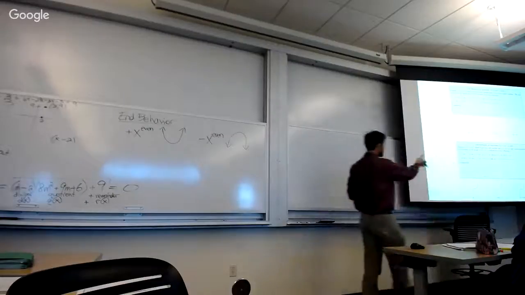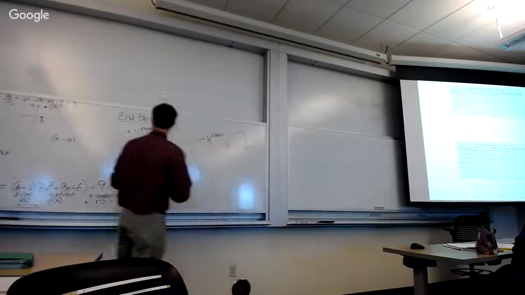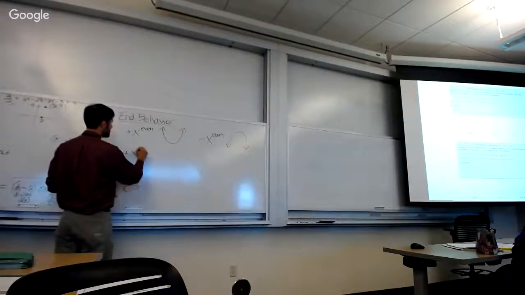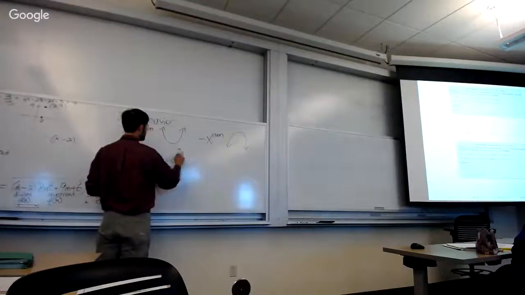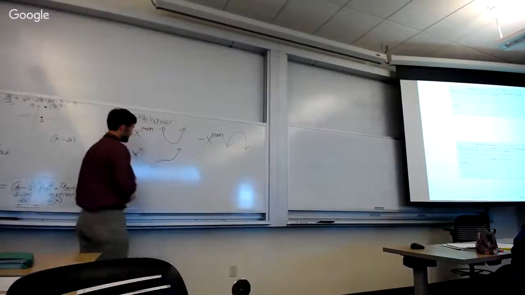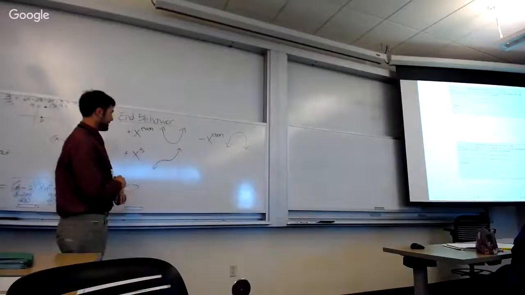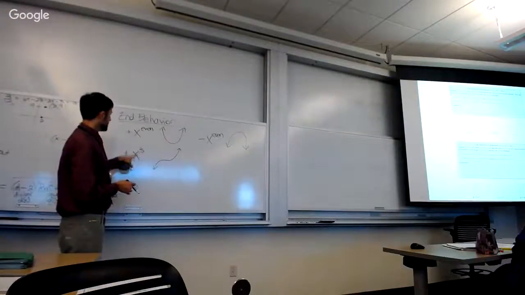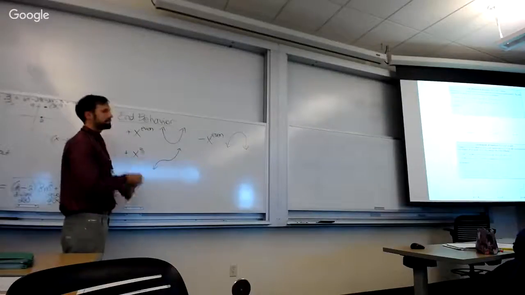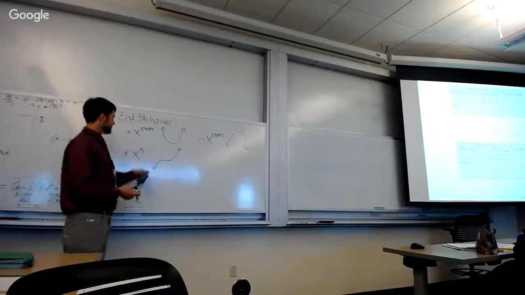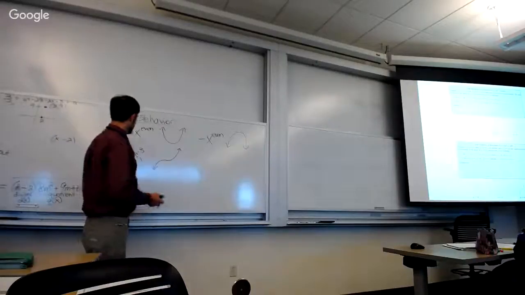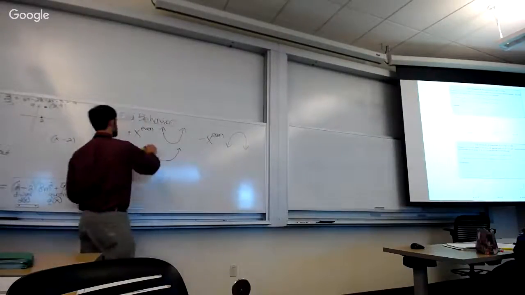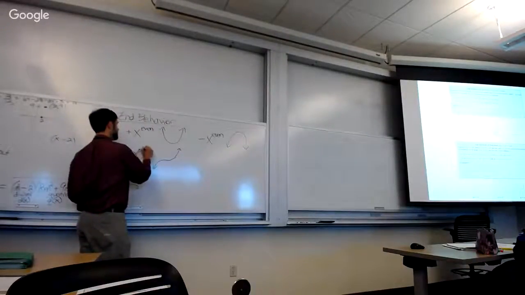Whereas end behavior for an odd function, so if we have a positive x cubed, what you have is a smiley face to the right and a frowny face to the left. That is basic cubic behavior. Again, we call it cubic. This is the only function that's a cube, but x to the fifth, x to the seventh, x to the ninth, you can still call them cubic in terms of their end behavior. It's any number that's odd. Sorry, I shouldn't put a 3 there, I should write odd. Thank you.